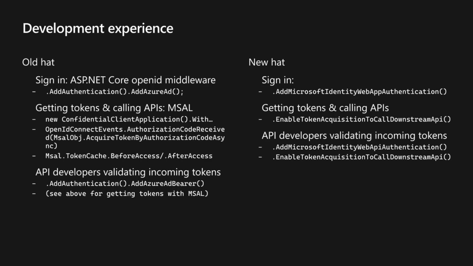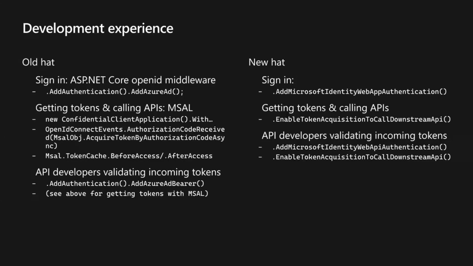Here, we give you one extra chained call to your AddMicrosoftIdentityWebAppAuthentication called EnableTokenAcquisitionToCallDownstreamApi. And so now in your config you have two things to do. One is to enable sign-in, which is the first one, and the second one is: I need MSAL with a token cache. Please go and create it for me.